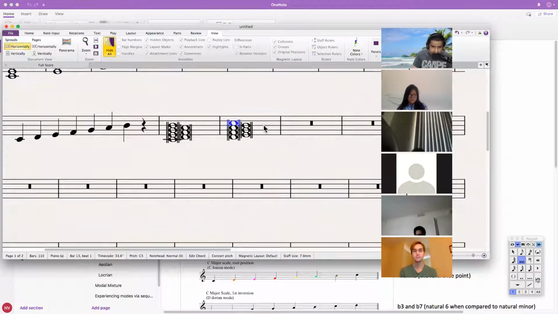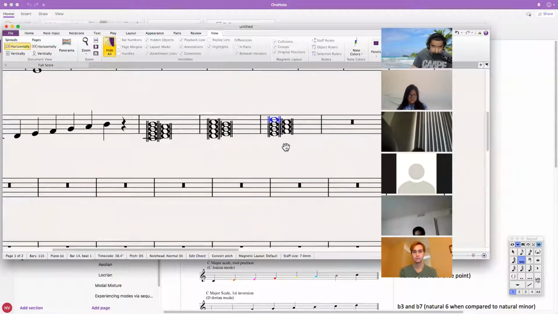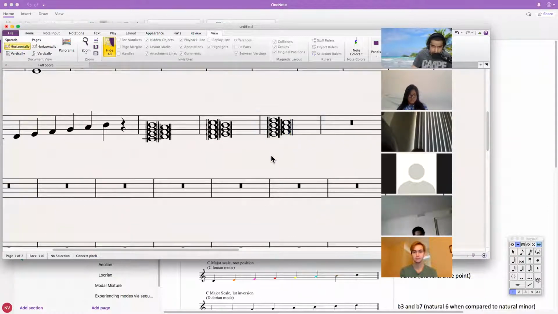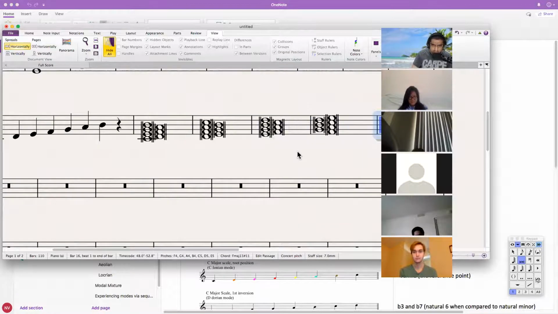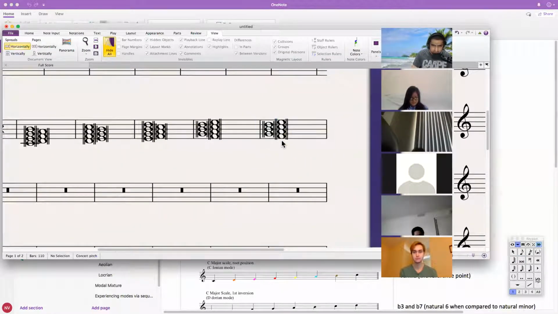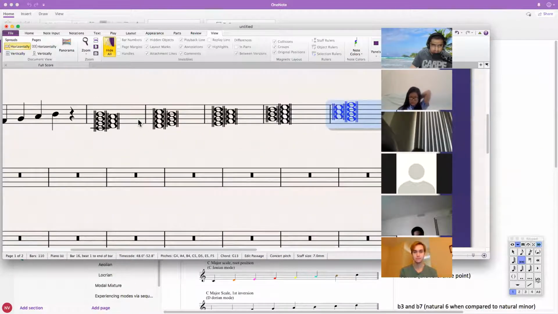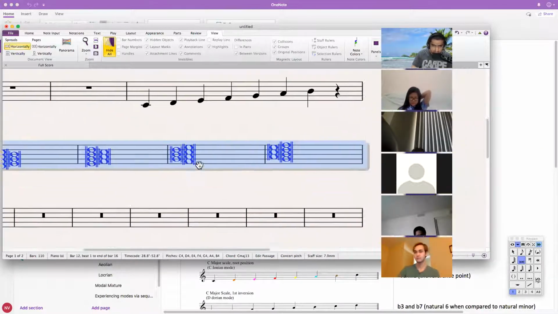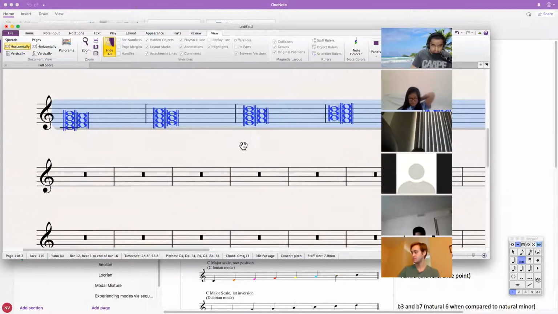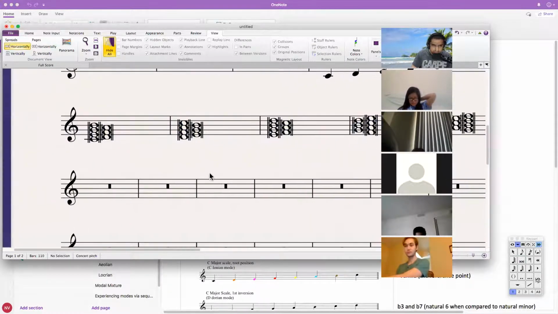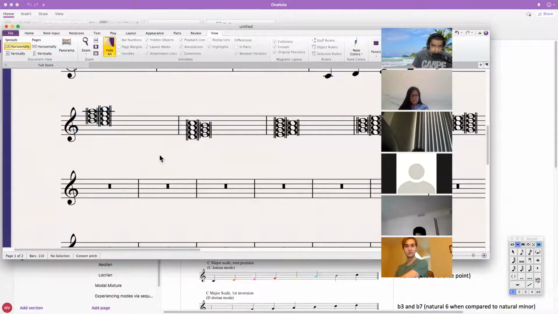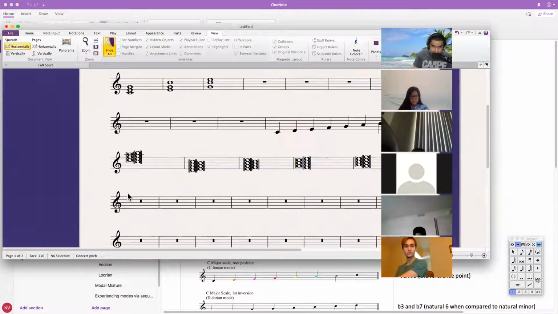I could do that again. I could keep doing this, I guess, 7 times, I think. And eventually, I would get back to this, again, just an octave higher, right? That should more or less make sense, right?